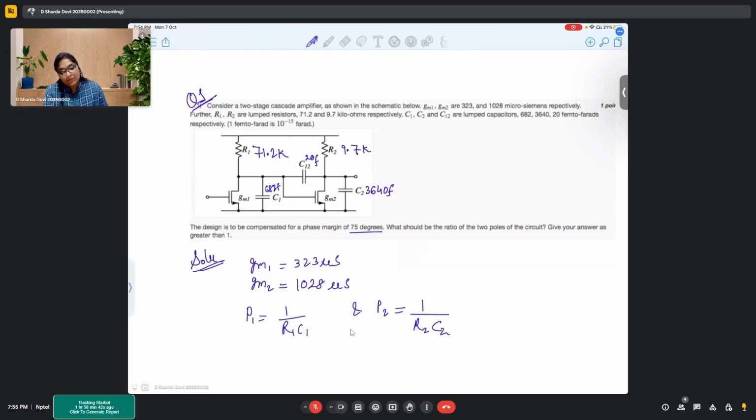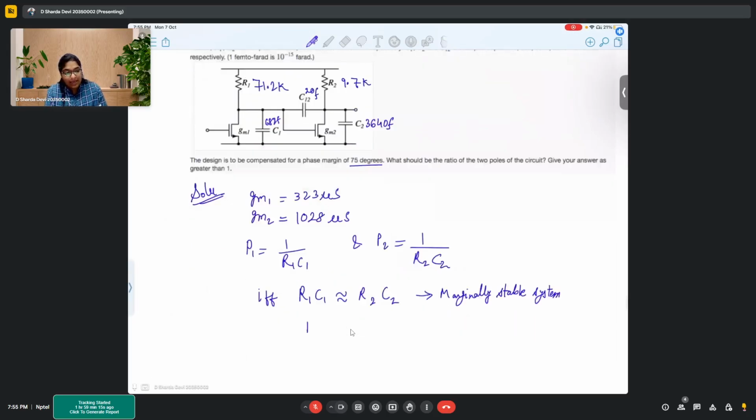So if R1 C1 becomes equal to R2 C2, that means both the poles become equal, then we know it is a marginally stable system.